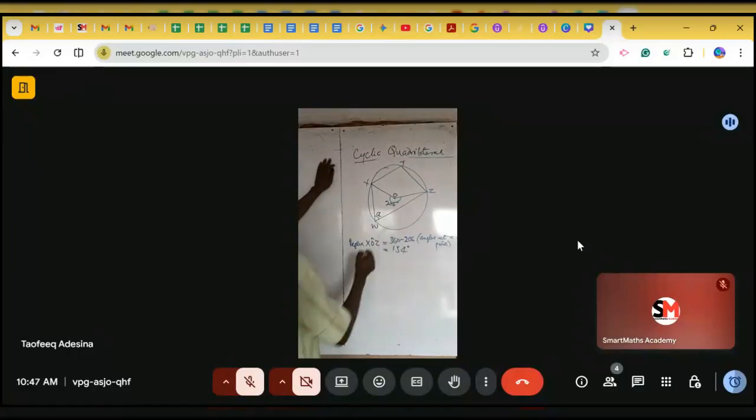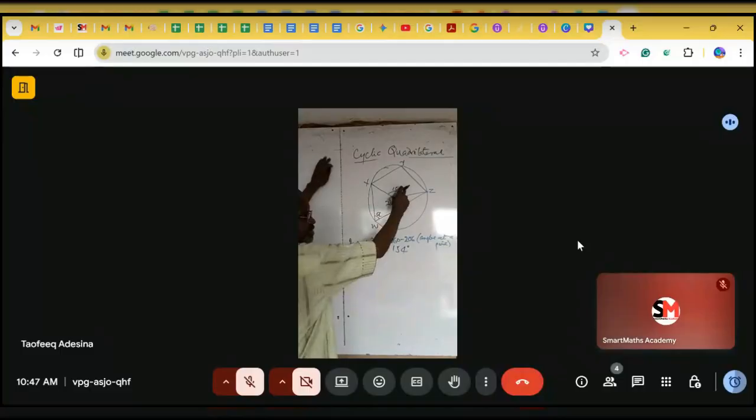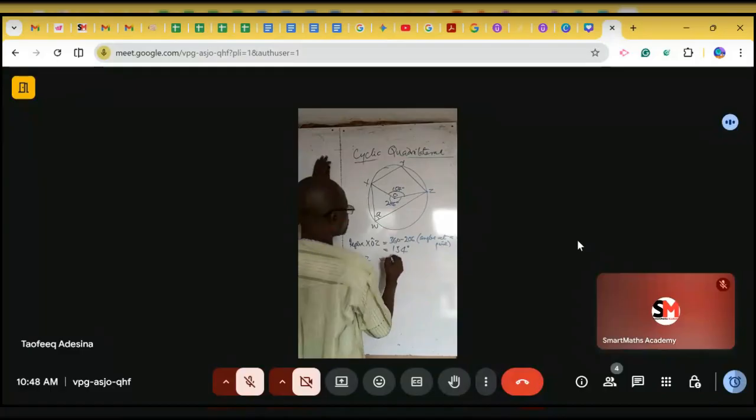So this angle now, how do you calculate? 154. From there, this one is half of it. Then I can say x plus 3 equals 155 over 2.